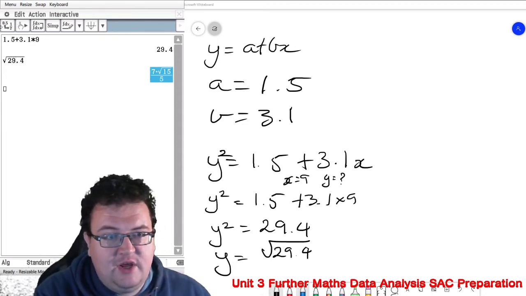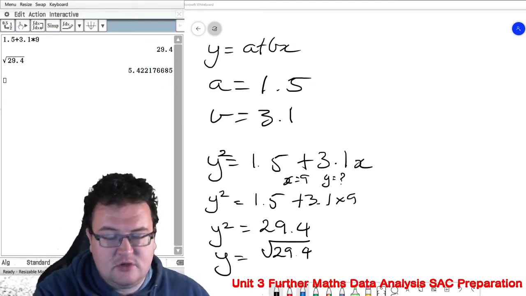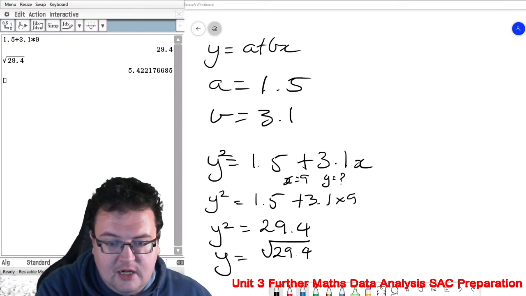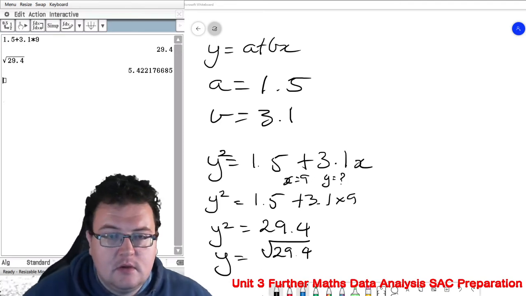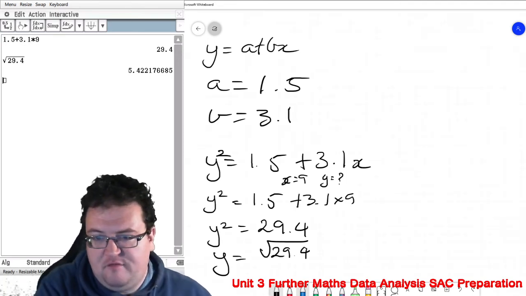It's going to give me a weird answer because I'm still in standard, but if I press this button, it'll turn it to a decimal, and it wants my answer correct to 1 decimal place. So that's going to be 5.4.